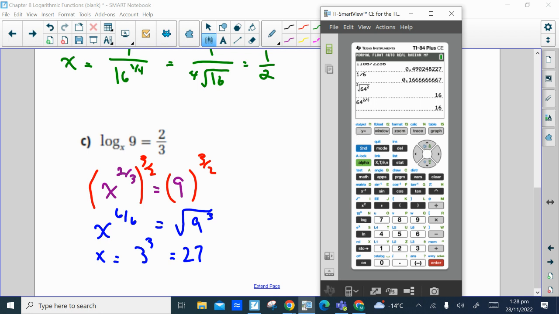Now, if you have a newer TI calculator, there is a log with different base function on the calculator. Just trying to remember where it is.